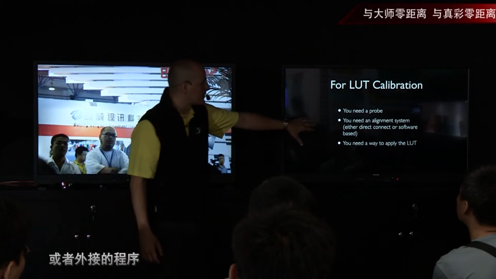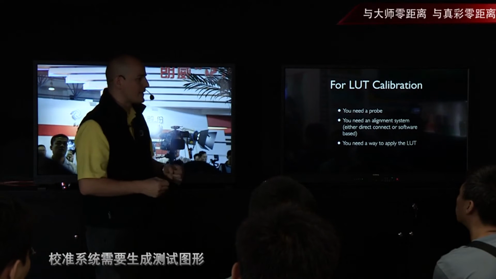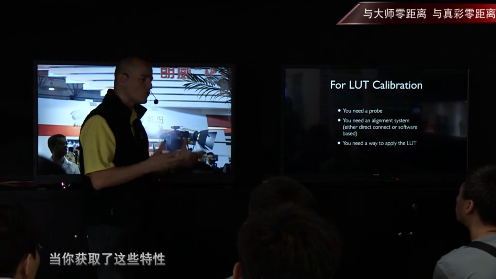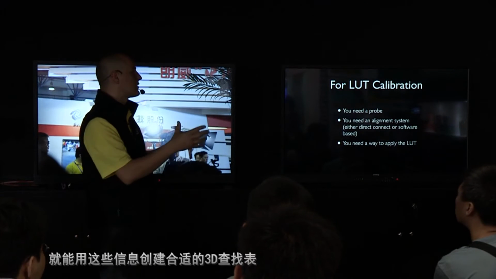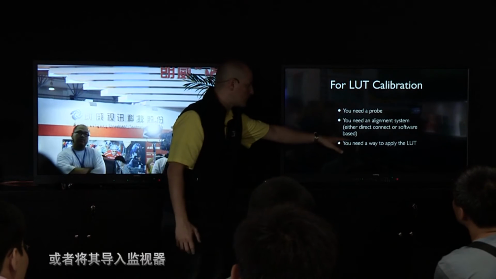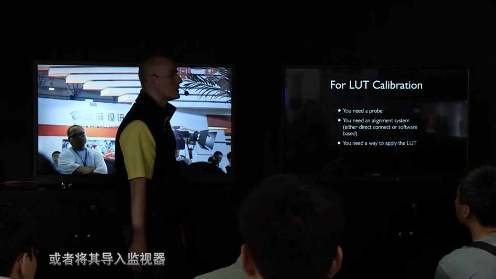What you need in the alignment system is something that generates test patches and takes measurements and is essentially characterizing the display. Once you have that characterization, we can use that information and create the appropriate 3D lookup tables. And then the last thing you need is a way to apply that LUT, or import it to the display, so that it can actually be used.